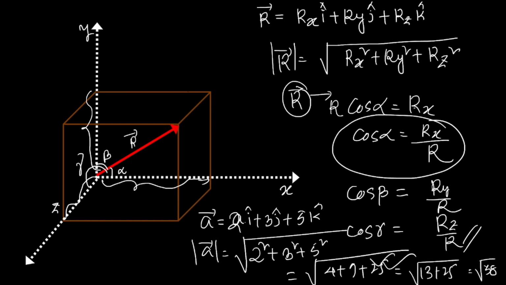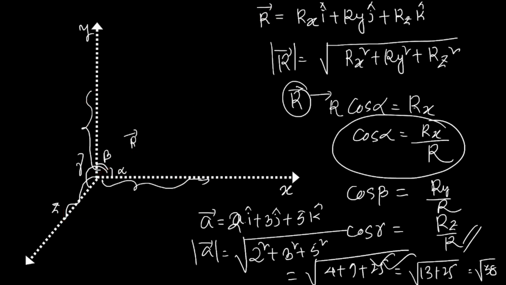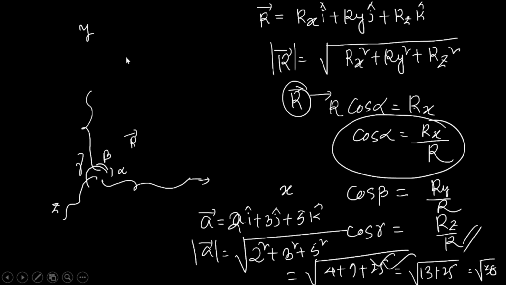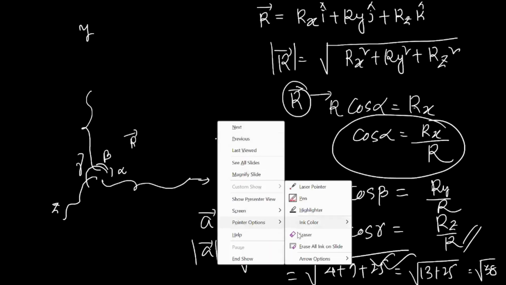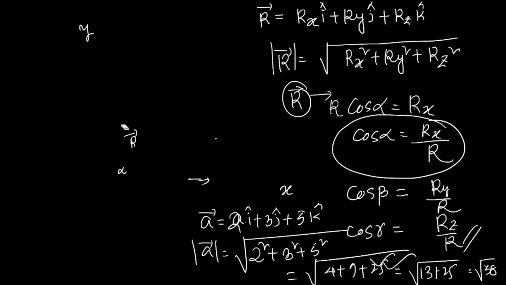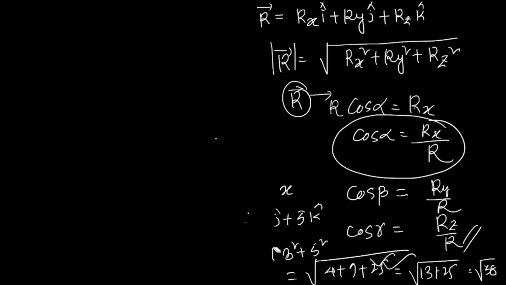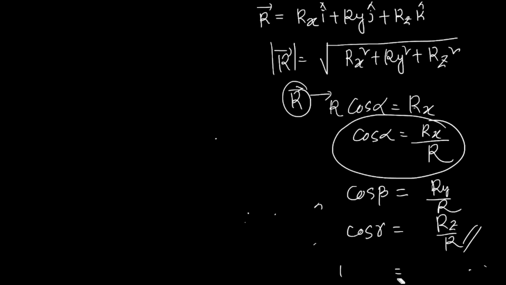So now let's move to how we can write the unit vector of any vector along that particular direction.